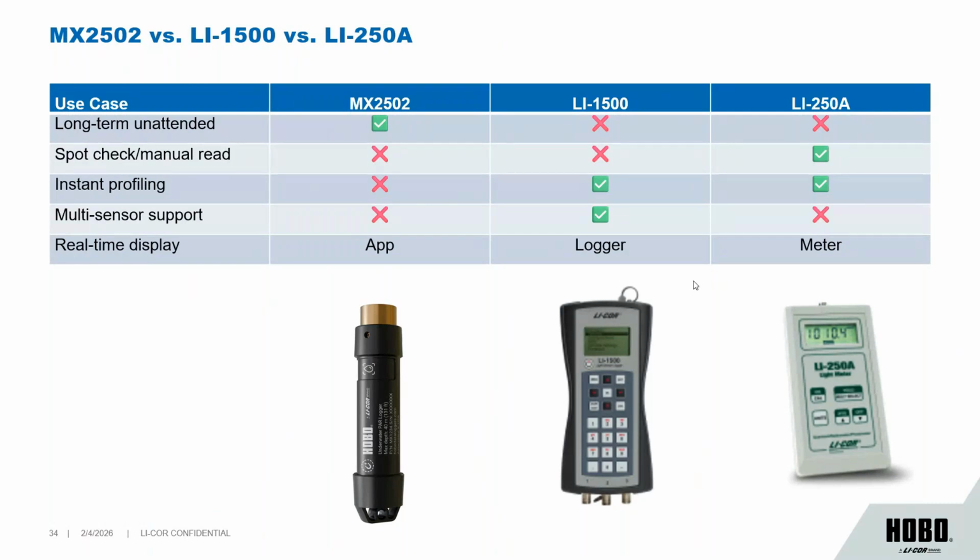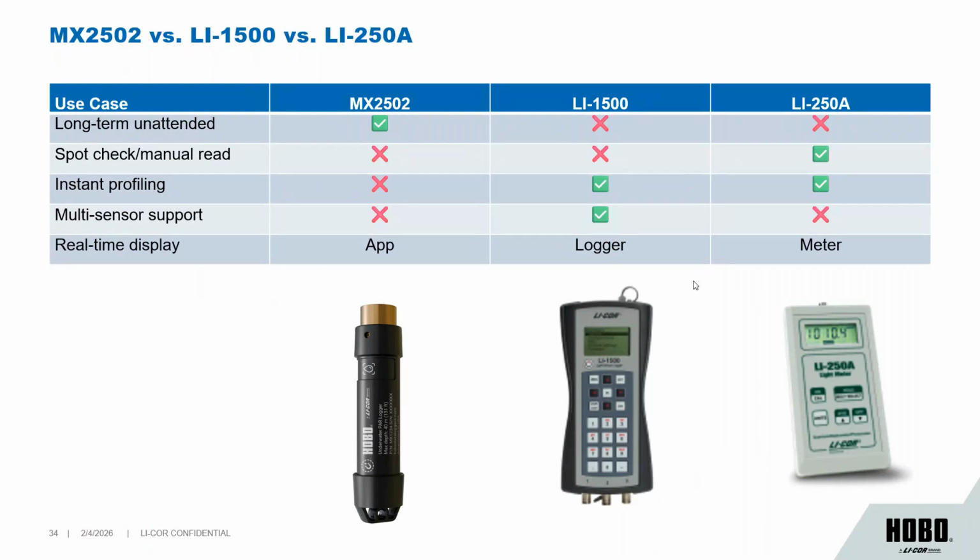But there are instances where maybe you have a different need. So we do offer the LI 1500 and the LI 250A. Those I would say are better suited for real-time profiling and spot measurement.